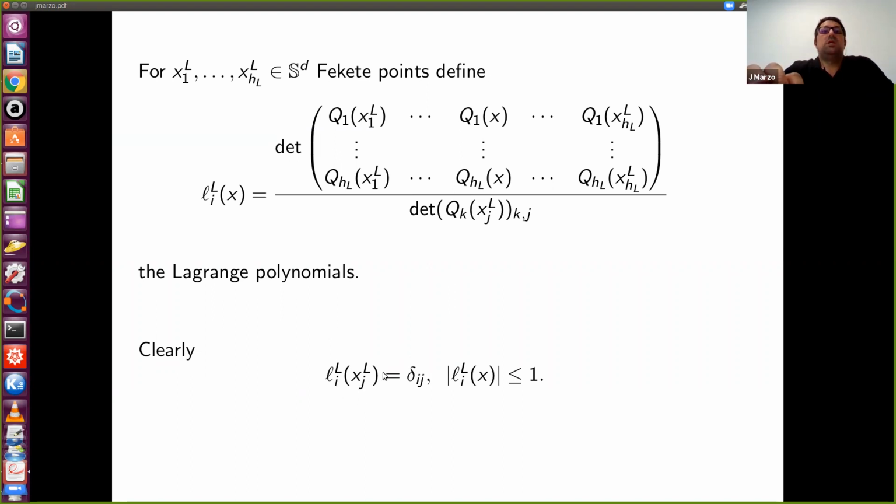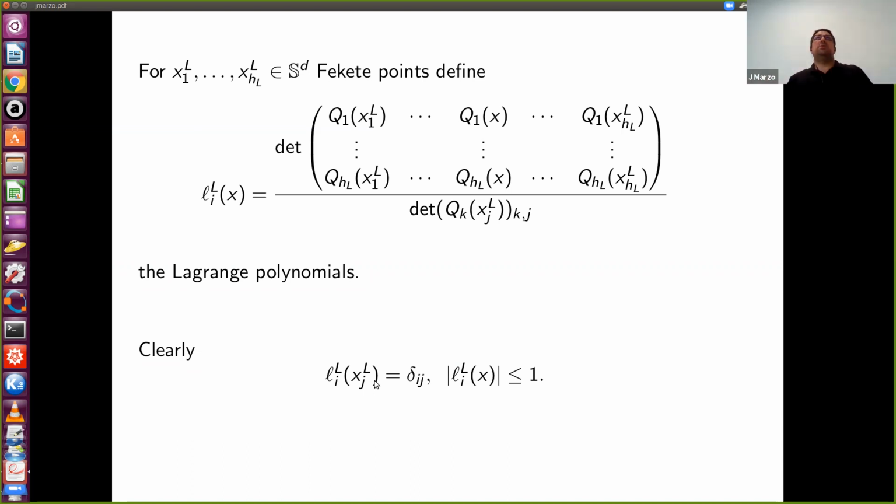If you take any of these x_j's, then you repeat a column, and the polynomial is 0 as soon as i is different than j. And when they are equal, you have the same thing on top and on the denominator, and then it's 1. So this is the Kronecker delta at these points.